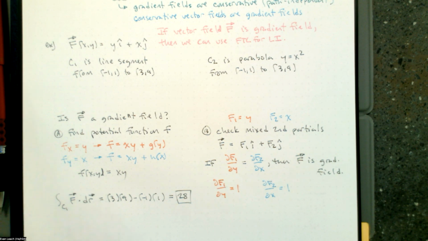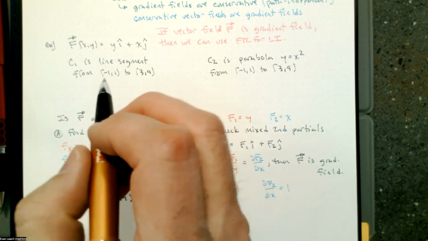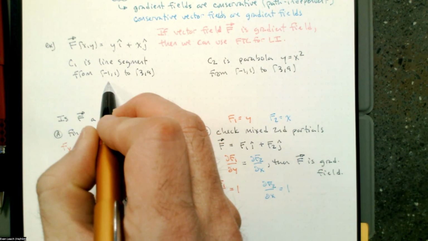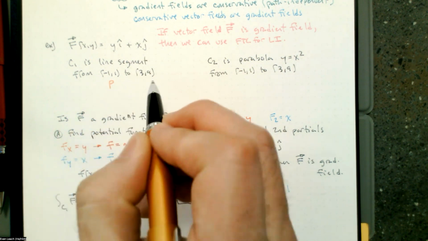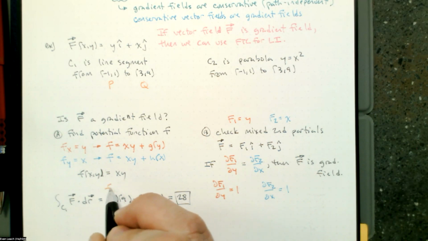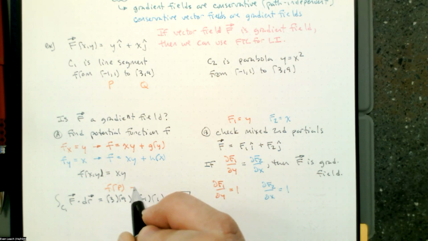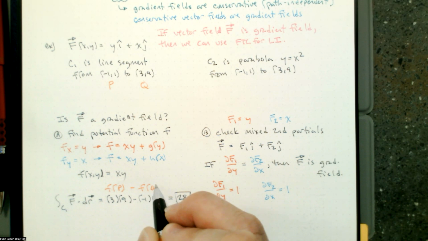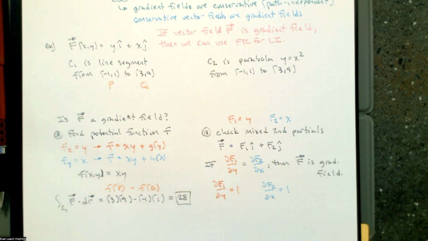We're thinking of -1, 1 as the point p where we start, and 3, 9 as q where we're ending. So here is f at p minus f at q. We're just looking at the change in the potential function.